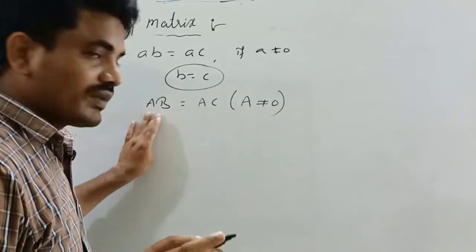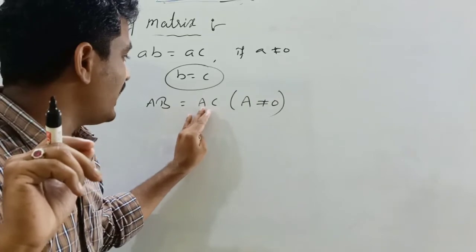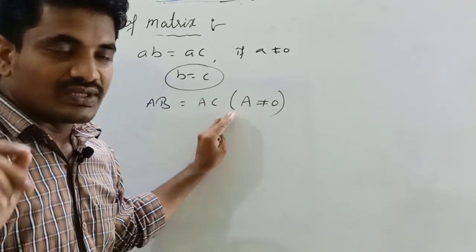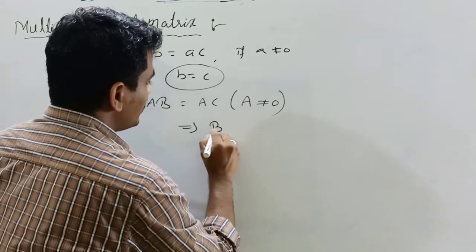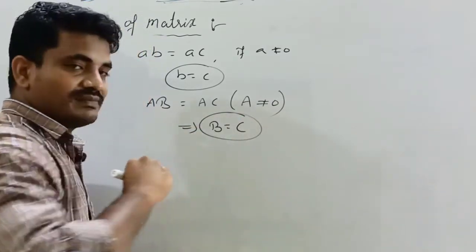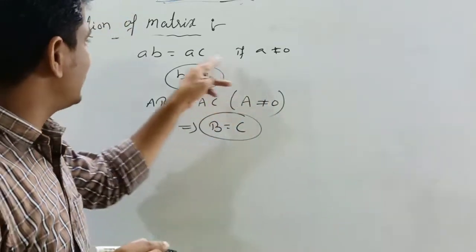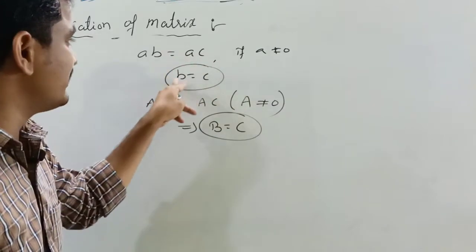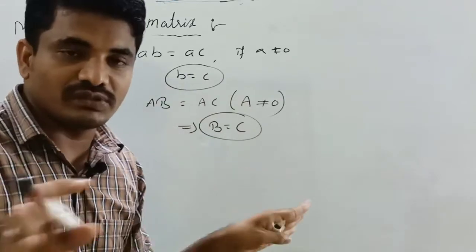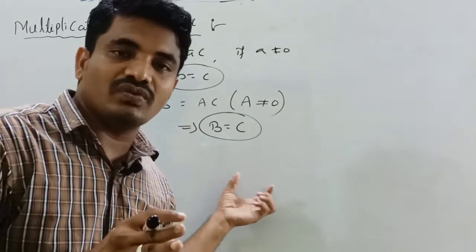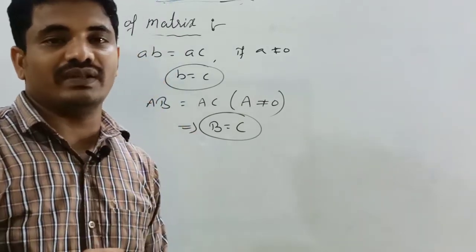The product of A and B equals the product of A and C, but it is not necessary that B equals C. Just like in algebra, where A gets cancelled and B equals C is left, in matrices it is not possible. It is not necessary for B to equal C. Sometimes they are not equal.